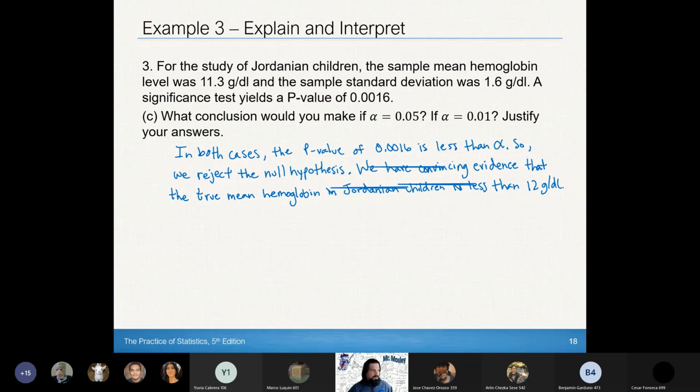So based on the results, based on our p-value and the provided alpha levels or significance levels of alpha, right, we can make this conclusion.